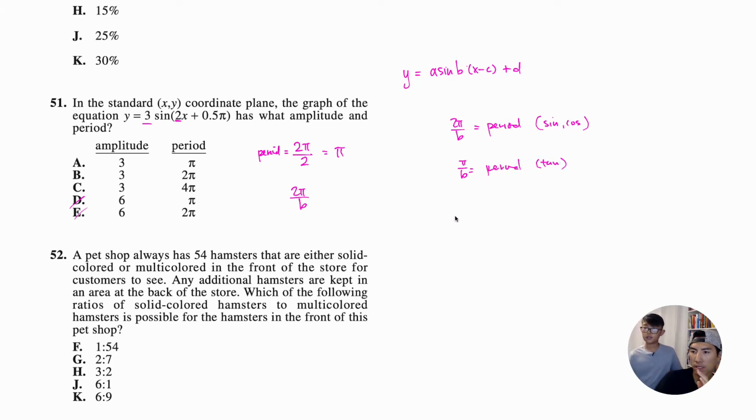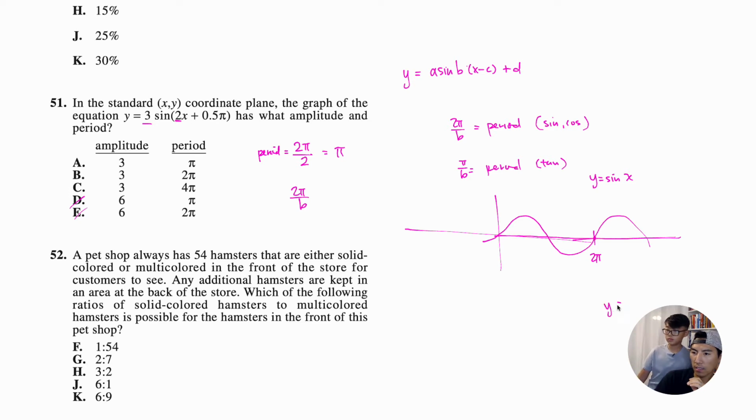Okay, but let's think about it. Why does this make sense? Let's just graph a sine graph. If this is a sine graph, and let's say that's at 2 pi, that's your period for y equals sine x. Well, what happens when y is sine 2x?